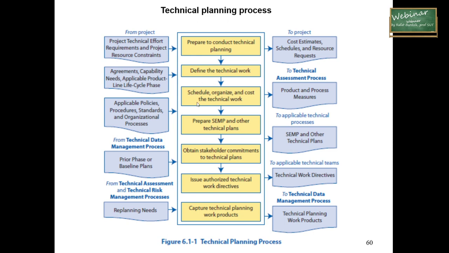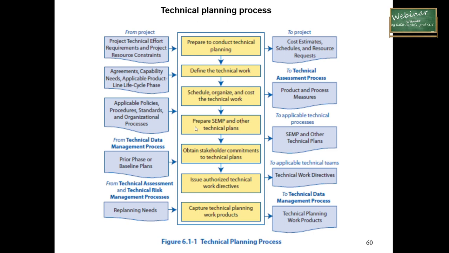The next operation is to schedule, organize, and cost the technical system. It is extremely important information which should be mentioned in the product and process measures. Yes, so we have to control the process. Then we have to prepare the systems engineering management plan and other technical plans.